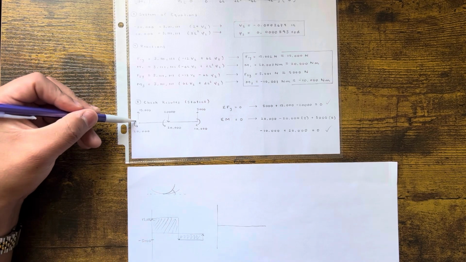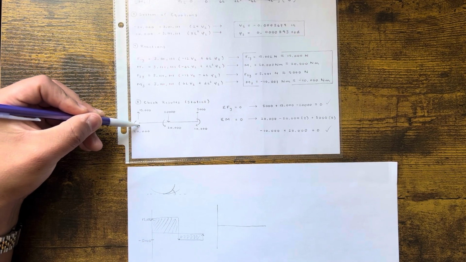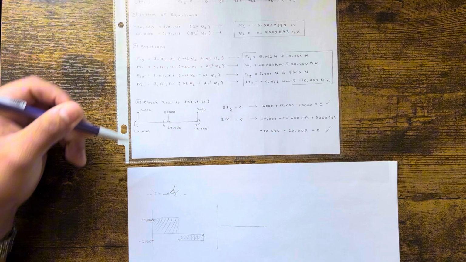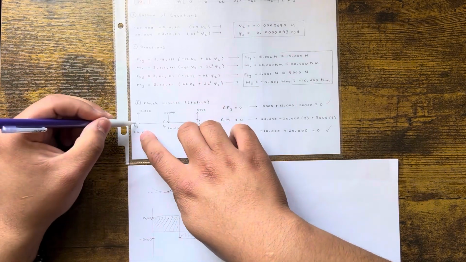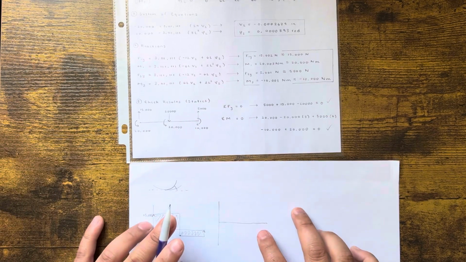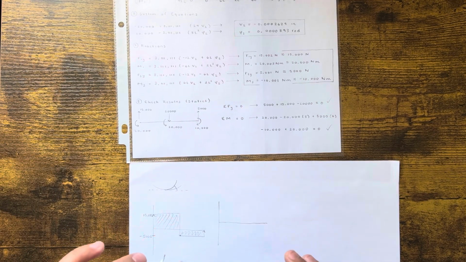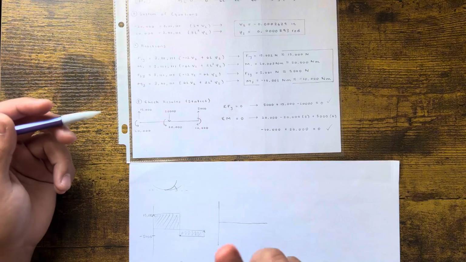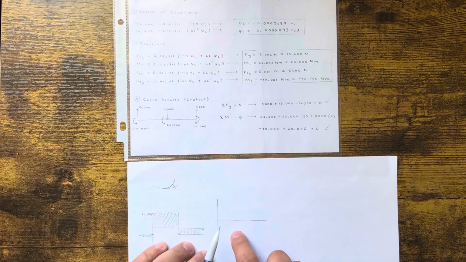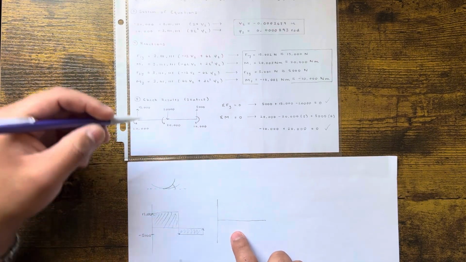In this case, you have a counterclockwise 20,000. Now on the bending diagram, a counterclockwise moment pushes you down. I know counterclockwise is usually positive, so you might think, oh, I'm going up 20,000, but no, that's not the case. When you do the diagrams, a counterclockwise moment will bring you down.